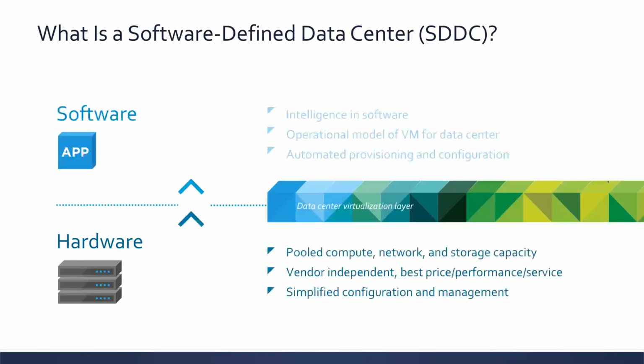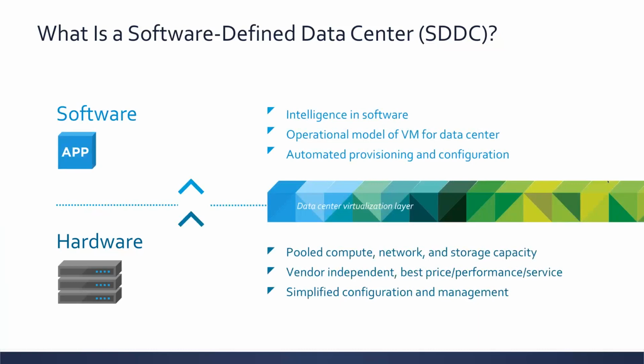So what exactly is software-defined data center, or SDDC? It's the ability to decouple the software from the hardware. So what you're doing is actually using the intelligence of the software, its operational model for VMs, and allowing the automated provisioning of configurations within the software.